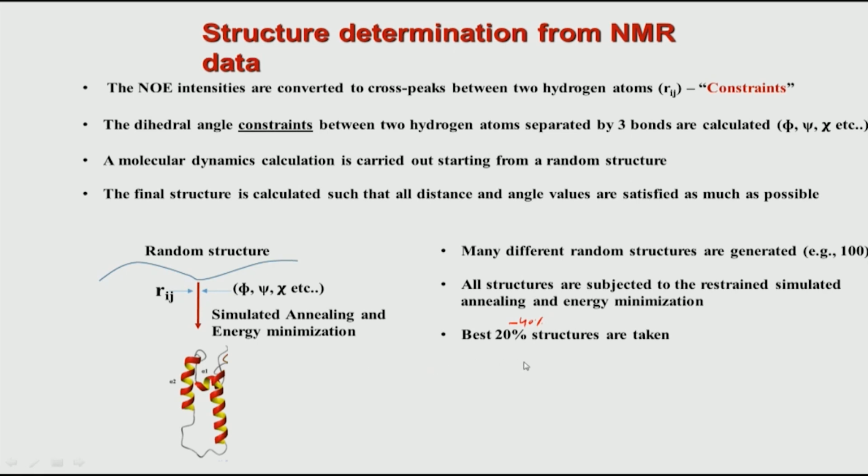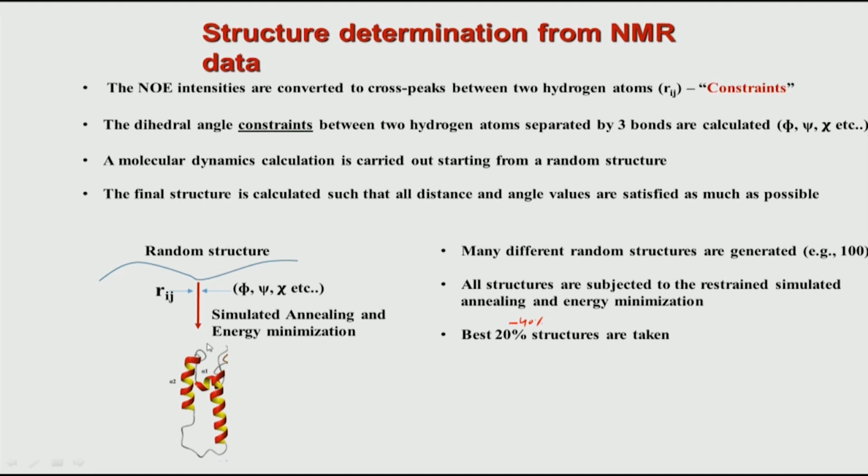So, therefore, when you look at NMR data which is presented in papers and on websites, you will see that they do not show you one structure, they show what is called a bundle of 20 to 40 structures.